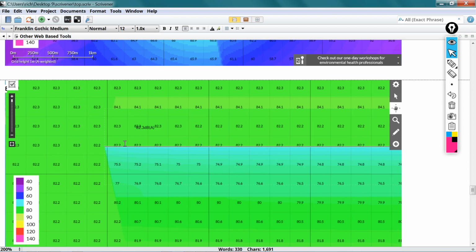So all these things mean something. If you were stuck in a corner with a wall on each side that were 10 foot high and there were gunshot sounds coming at you, then you would hear the primary signal, a reflection from one wall and a reflection from the other wall, and on average you get a 6 dB increase in the sound pressure, or a 6 dB gain, as they would call it.